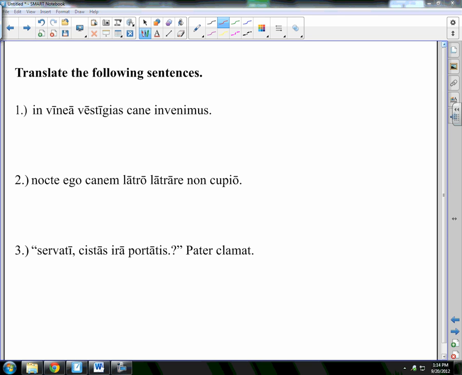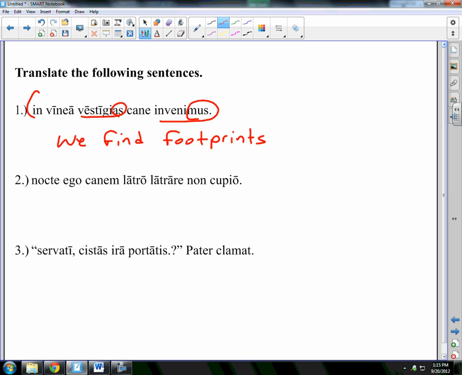As I go through the first sentence, the first thing I'm going to recognize is that we is the subject of my sentence. That -mus at the end of invenimus is going to be we as the subject. We find? What did we find? Well, I need an accusative. Here is my accusative. We find footprints. The in vinea is a prepositional phrase that does have a preposition.